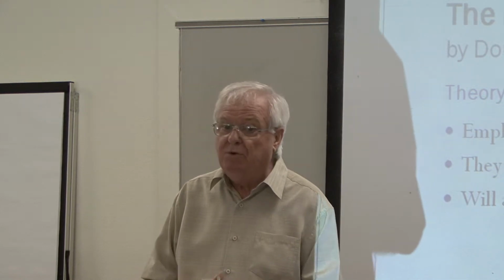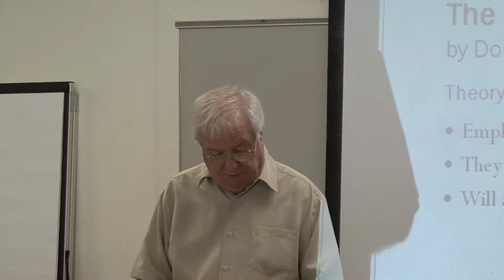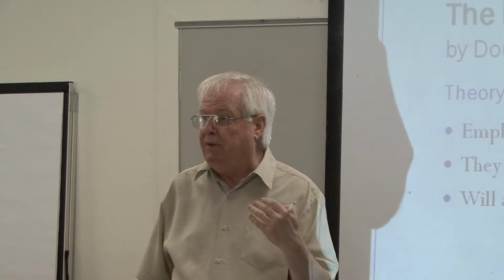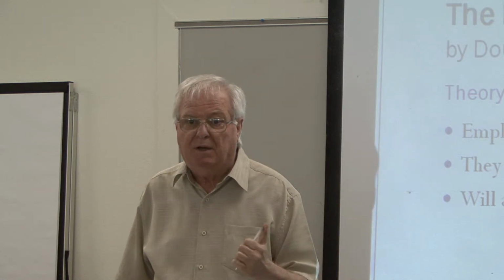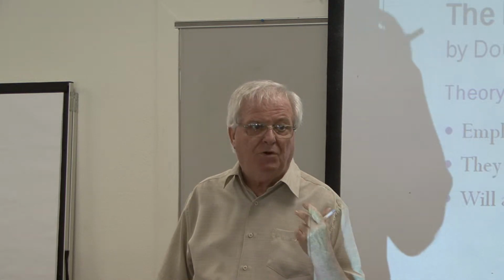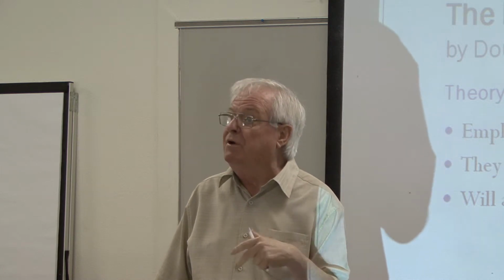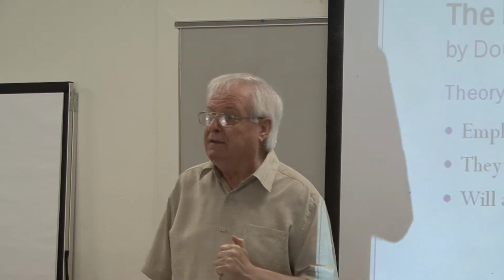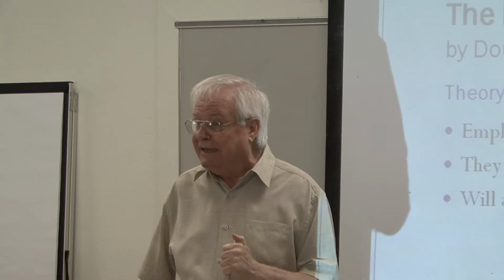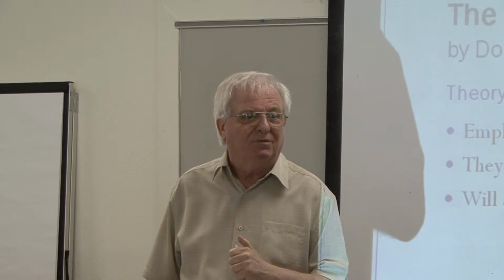McGregor's view of human motivation was expressed in two theories, Theory X and Theory Y. At the time that McGregor did his work and published it in 1960, there was a prevailing view in management about human motivation, and he called that Theory X. Theory X had the idea that employees are lazy, they dislike work, and they will avoid work if possible.